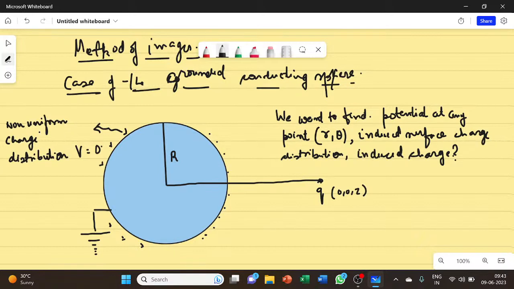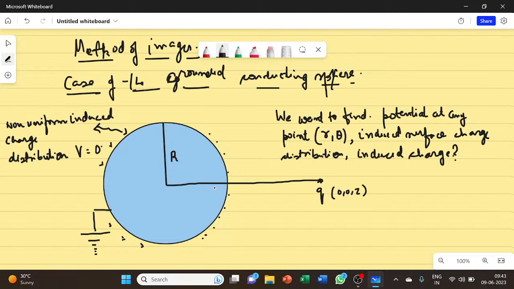This non-uniform charge distribution we want to find. That is one of our aims in this particular problem.